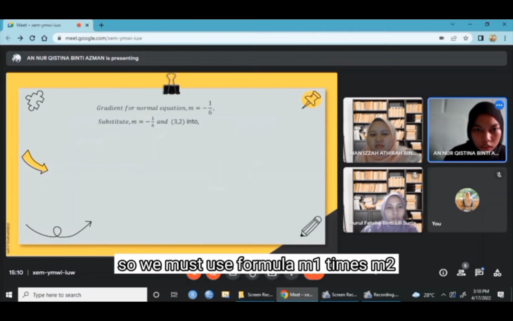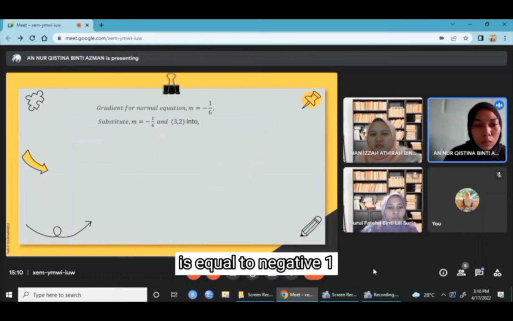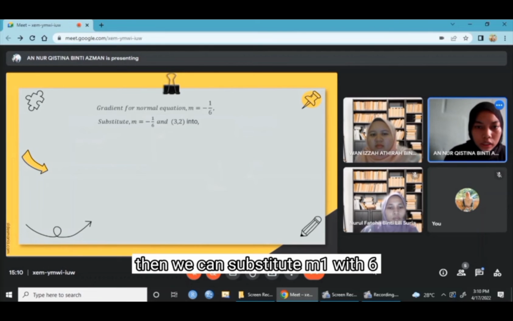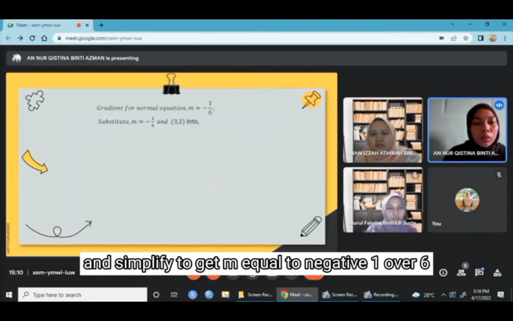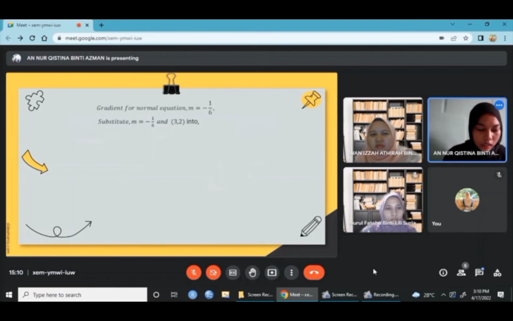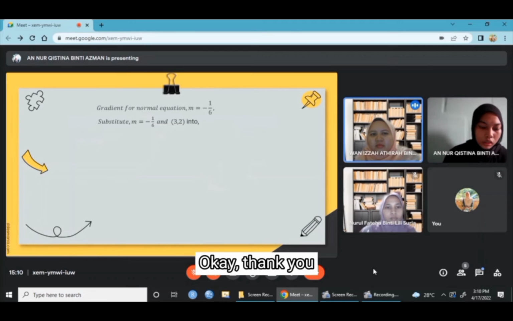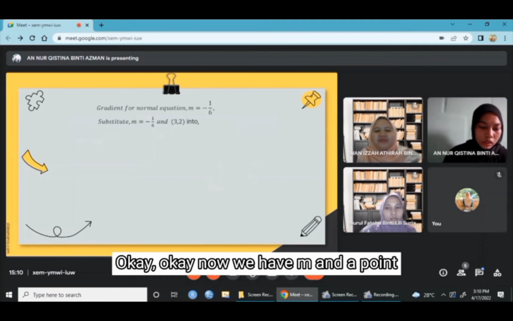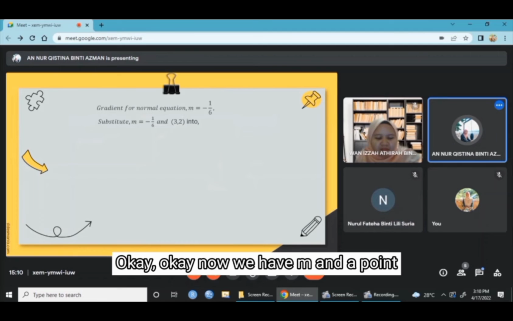So we must use the formula m1 times m2 is equal to -1. Then we substitute m1 with 6 and simplify to get m equal to -1 over 6. Is it clear? Okay, thank you.